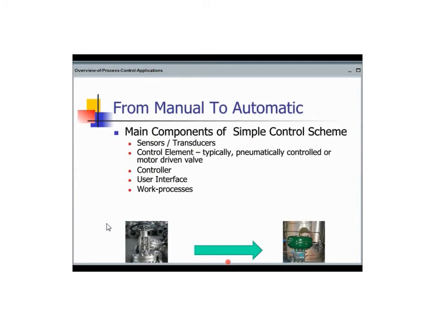So how did the transition from manual control to automatic control happen over the years? There were many developments, and one of the primary ones was in the field of instrumentation, where instruments were able to make readings accurately as well as send them to the distributed control network for auto controls.